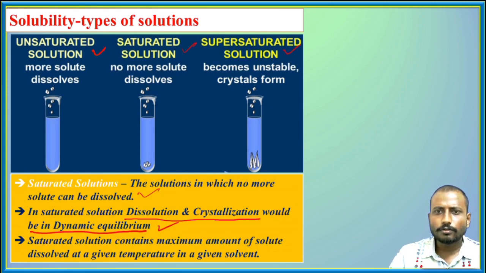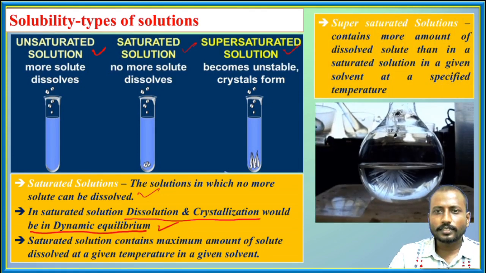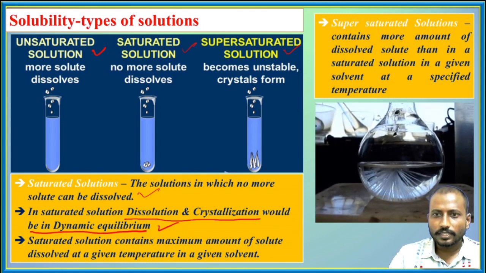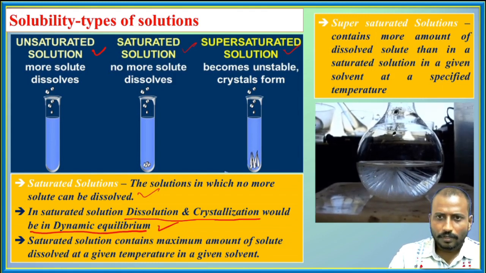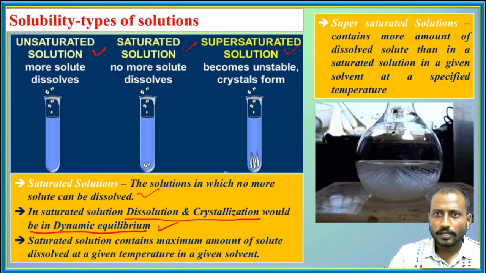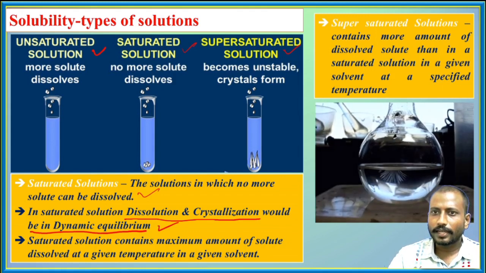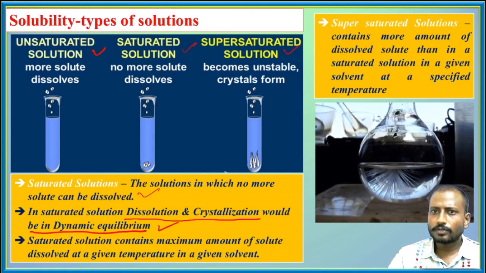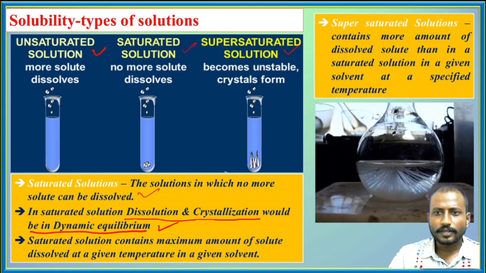Saturated solutions contain the maximum amount of solute dissolved in that given solution. Then supersaturated solutions, if you look at the picture that is given, supersaturated solutions contain more dissolved solute than a saturated solution in a given solvent at a specified temperature.